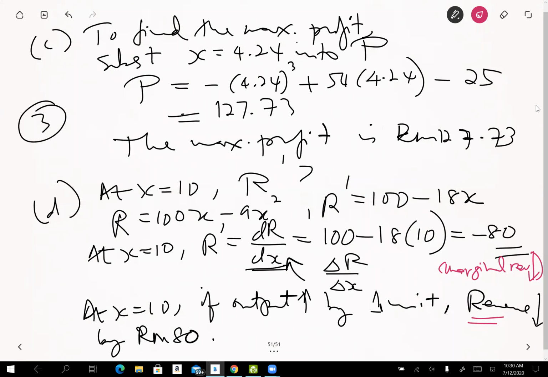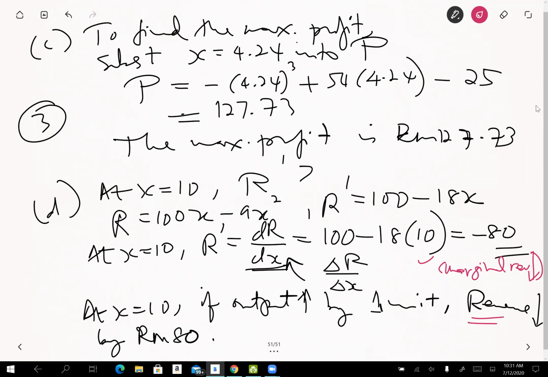If you're talking about the change in marginal revenue, then you have to differentiate the marginal revenue function. So that's one mistake. I didn't say the marginal is going to change. I said the value of the function is going to change from the slope.